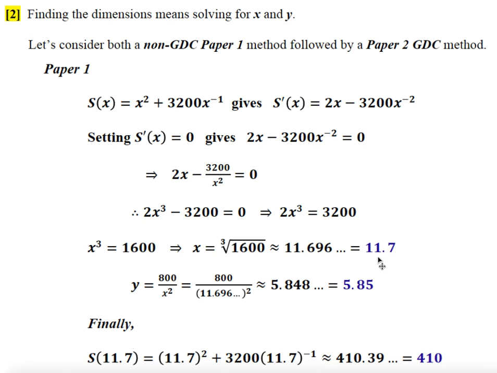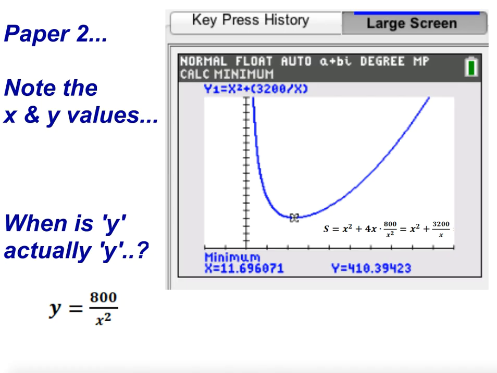And since you have the surface area as a function of x, if you plug that value in, again, I would use the stored accurate GDC value, not the actual 11.7. That would give you something that's roughly around 410. So this is largely paper 1, a little bit of paper 2, because we're playing around with the calculator to give you an extension of the concept.